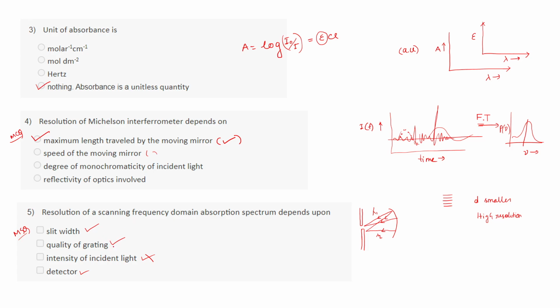Now, intensity of the incident light obviously plays a role. Suppose it is very low, then nothing is seen, but consider high intensity and low intensity. If you have a high resolution grating, meaning your quality of grating is high, and the slit width is also small, what will happen if you increase or decrease your intensity?